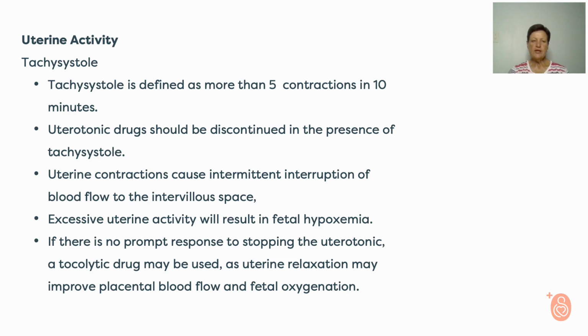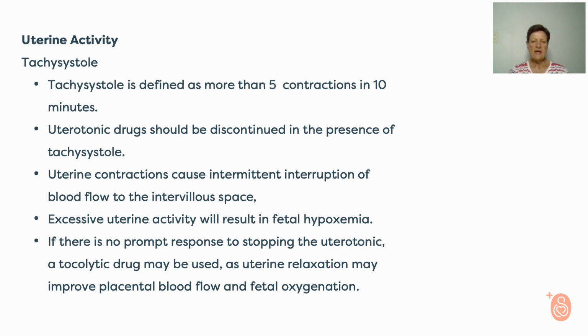Now lastly, we look at the uterine activity and what's abnormal there. We've said in our lesson 3, right in the beginning, that the only thing that we can really accurately determine regarding the uterine contractions is the frequency of the contractions. How many contractions do we get in 10 minutes? We can, to a certain extent, determine whether the contractions are strong and how long they last, etc. But that's not accurate determinations.